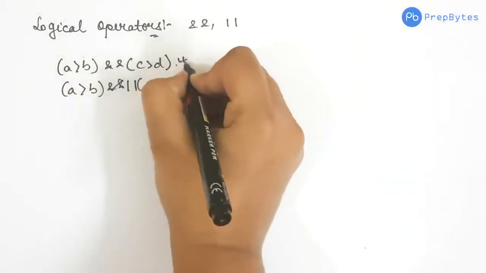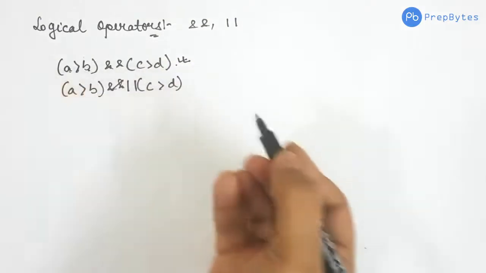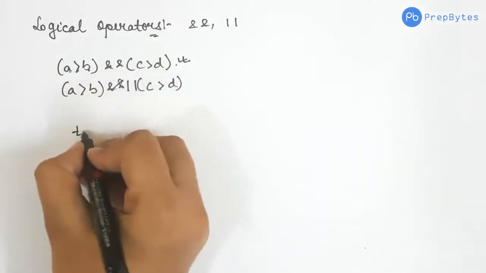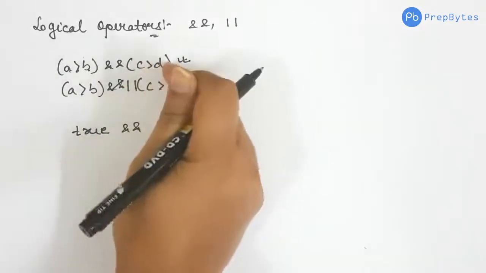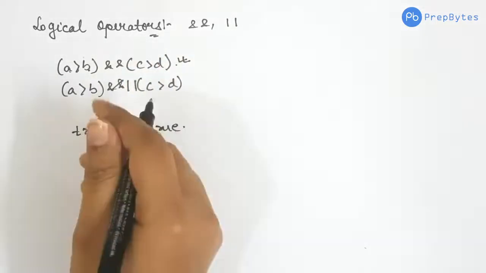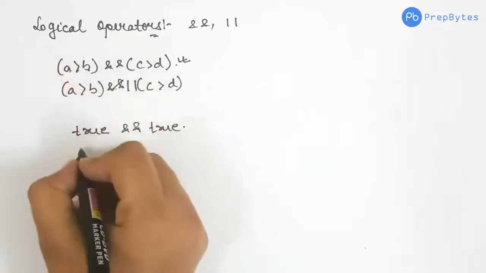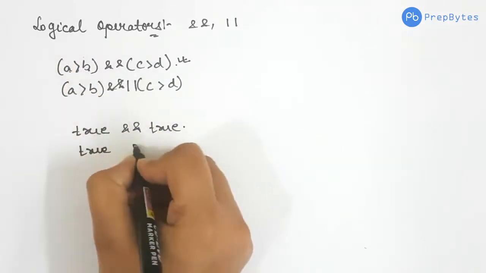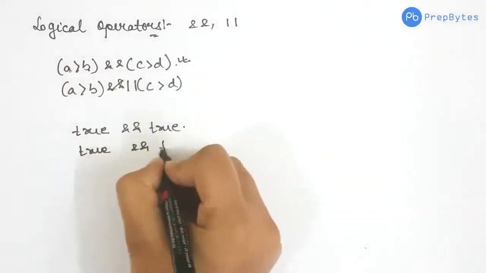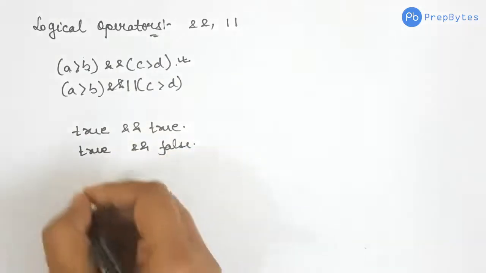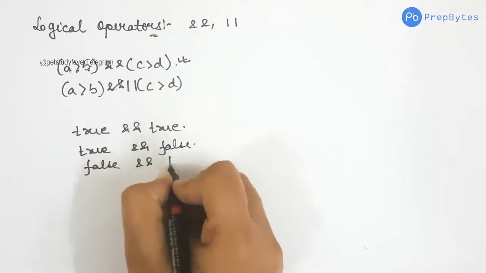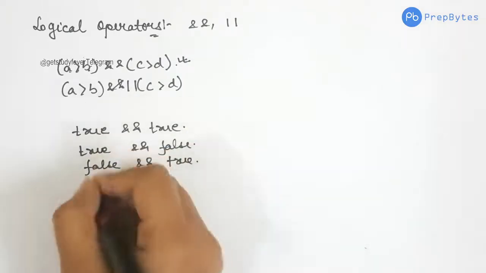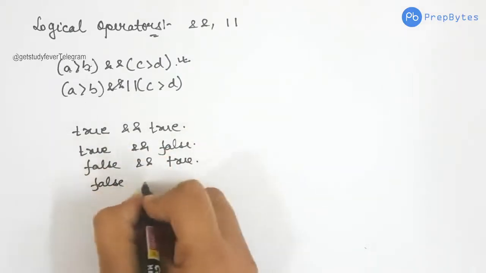Let's first see the AND condition. A greater than B could be true and C greater than D could also be true. Similarly, this could be true and this could be false. Similarly, this could be false and this could be true, or both of them can be false.